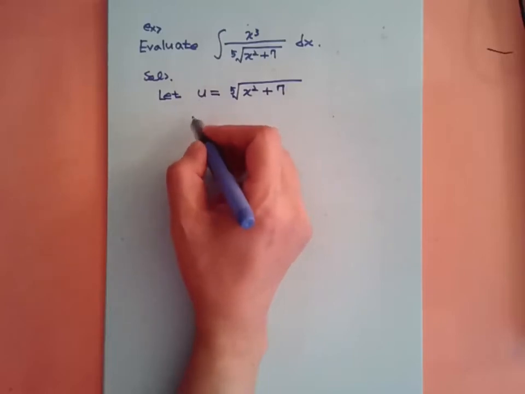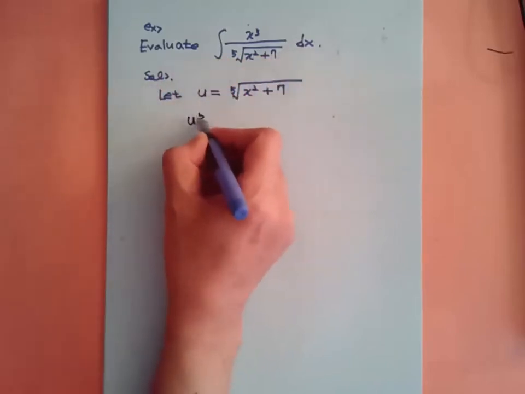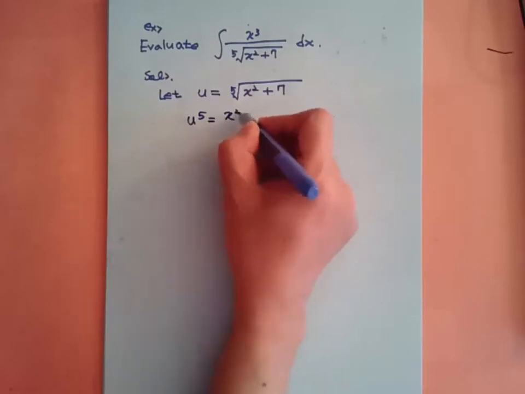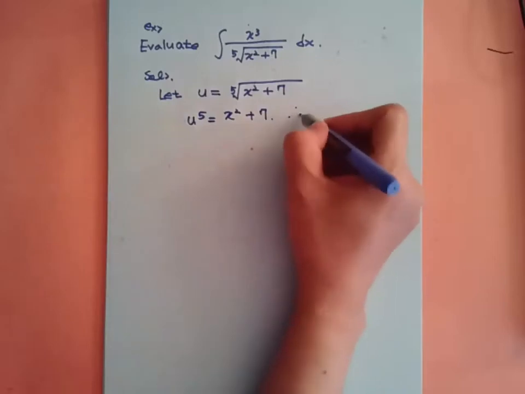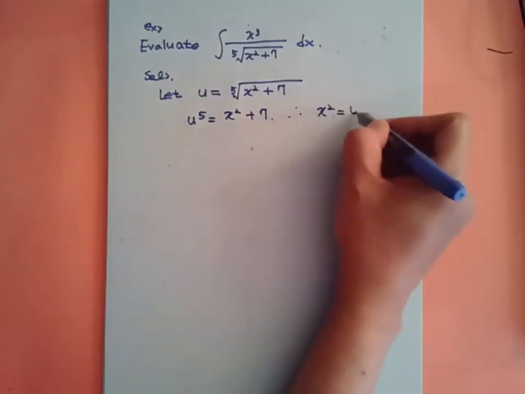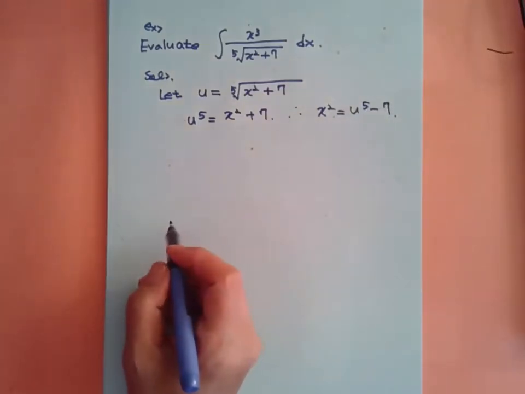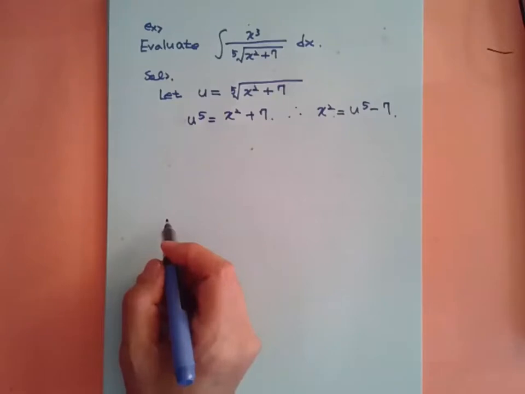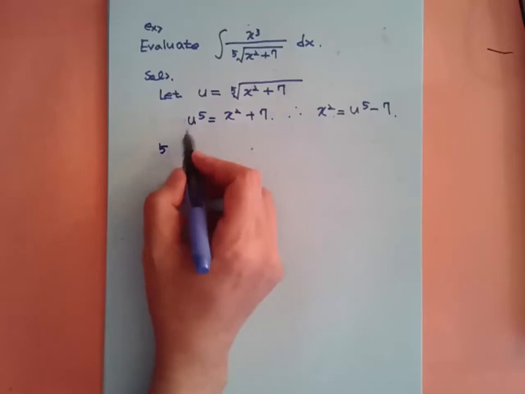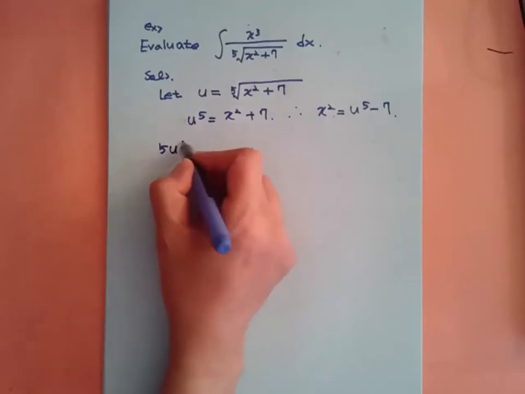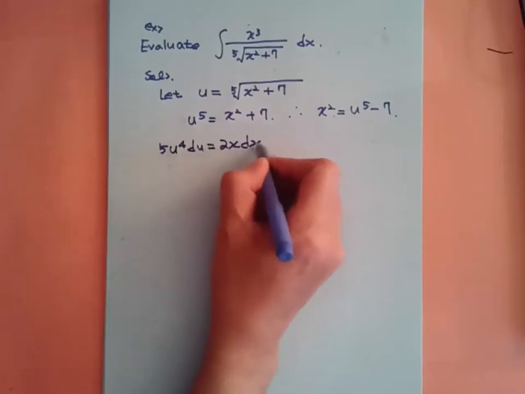Then we raise to the 5th power, then u to the 5th power equals x squared plus 7. So we can say that x squared equals u to the 5th power minus 7, right? And if you differentiate, then we have 5u to the 4th power du equals 2x dx.